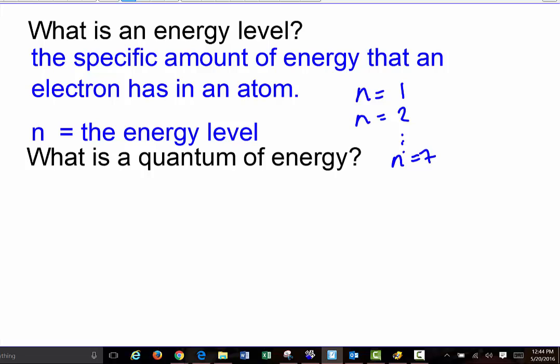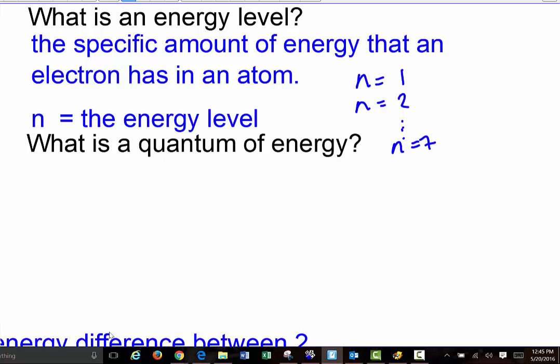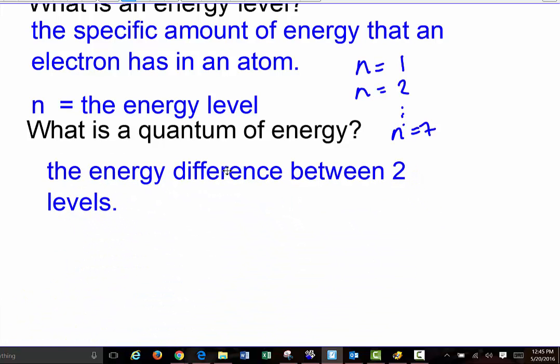But a quantum of energy is essentially just the difference between energy levels. If we think about any two energy levels, for example, the difference between n equals 3 and n equals 2 would be known as a quantum of energy.